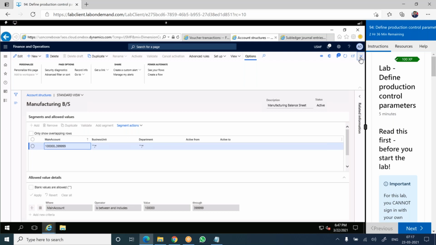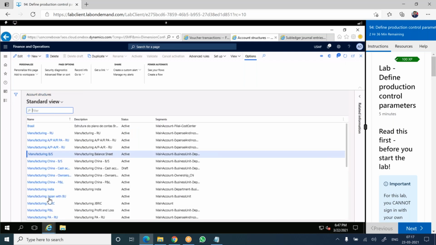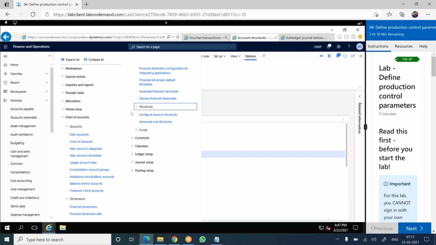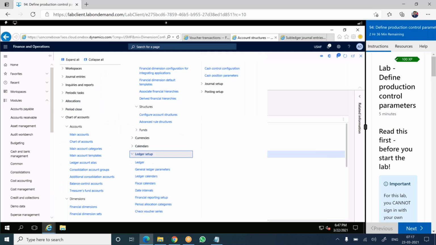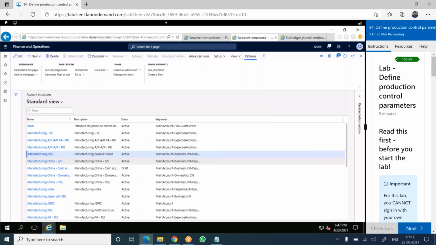So here there are many structures. Which structure belongs to this company? If I want to understand which structures belong to this company, then I need to go once again to the ledger form, ledger setup, ledger form.